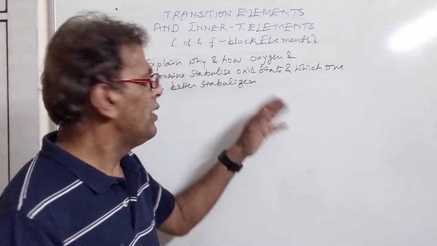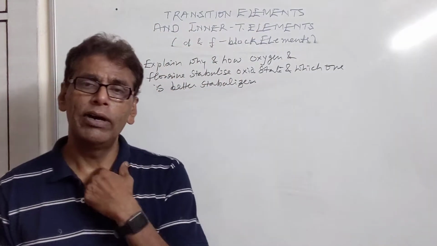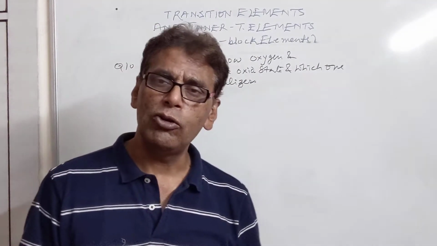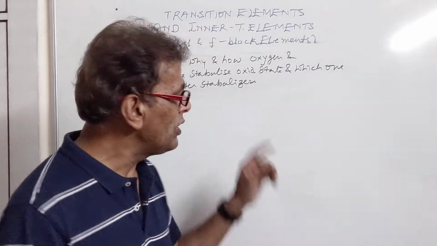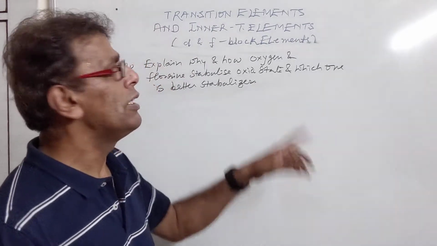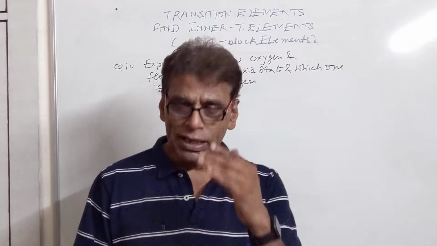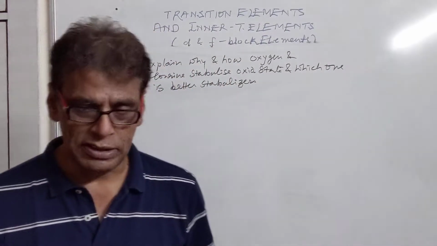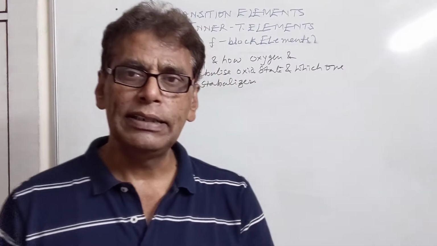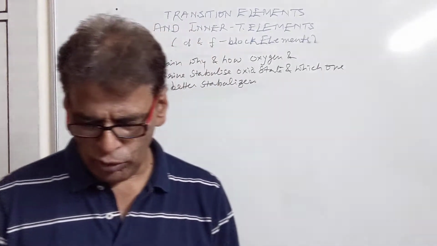And oxygen is the second most electronegative element. That's why it also has the tendency to stabilize the higher oxidation state. But oxygen is far more superior than fluorine because of its capability to form multiple bonds. It can form multiple bonds with partially filled d orbitals of the transition metal ions and stabilizes the oxidation state to a greater extent as compared to fluorine.